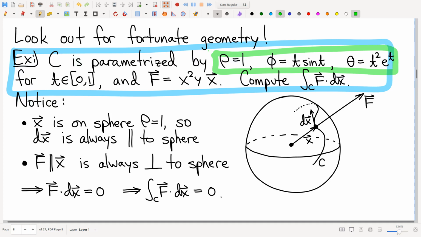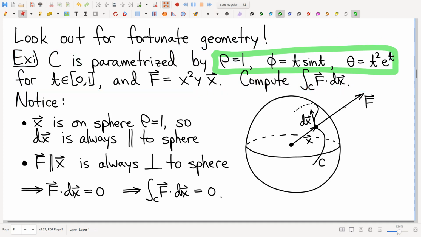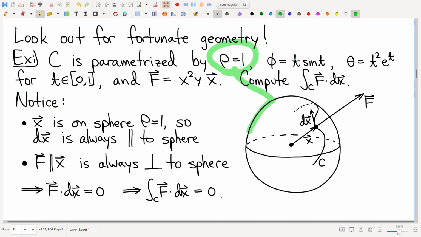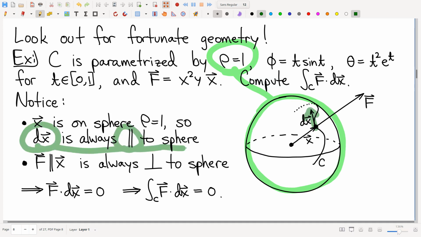So, sure would be nice if we can see a clever way around this. Here's the clever way around it. Innocent observation: this parameterization, for all its horrifying features, is entirely on the unit sphere. And if you are moving on the unit sphere, then your displacements are always parallel to the sphere.